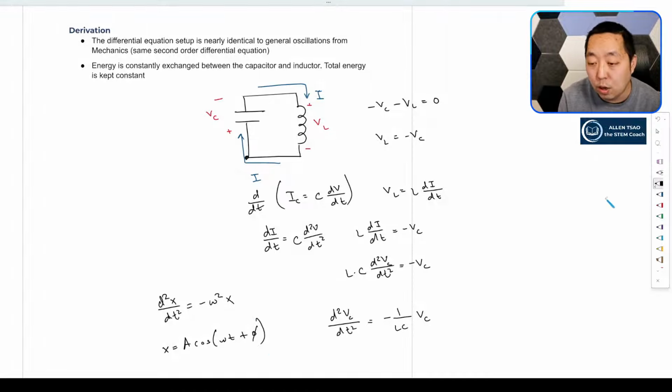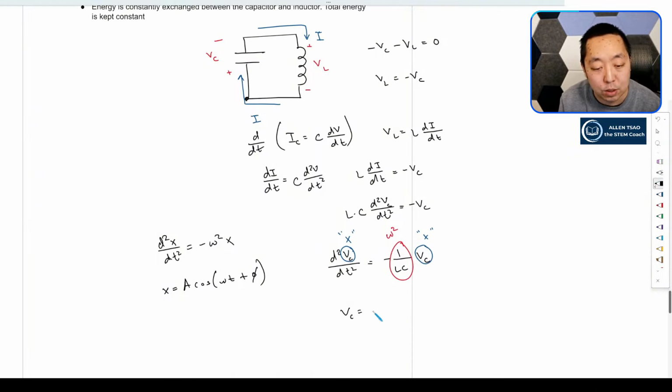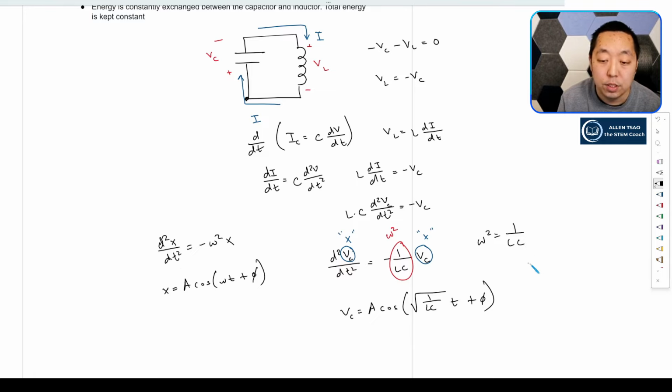Notice that if you replace the x with the VC, like this is kind of my x, then you should probably review some of the Unit 7 material on general oscillations. Then this coefficient is omega squared, and the solution for the voltage on the capacitor is sinusoidal. So VC is A cosine of omega t plus phi, with omega being 1 over the square root of LC, because omega squared is equal to 1 over LC. So omega is the square root of 1 over LC.